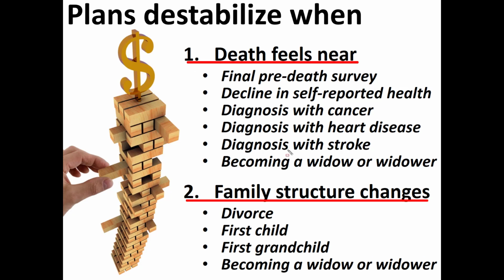We've seen this in some of the previous research and studies: in particular towards the end of life, you get a lot of instability. Plans that didn't have charity in them get charity added, and plans that had charity in them have charity dropped. So there's a lot of end-of-life instability in these plans, and also instability that happens along the way with a change in family structure.